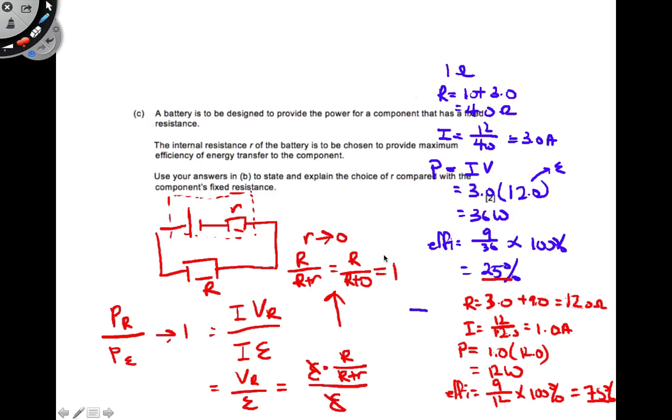So you want to make sure that your choice of internal resistance, this extra resistor here, is as small as you can compared to this one. To maximize your power, this one should be as small as possible compared to your external load, or make your external load as large as possible compared to your small r.